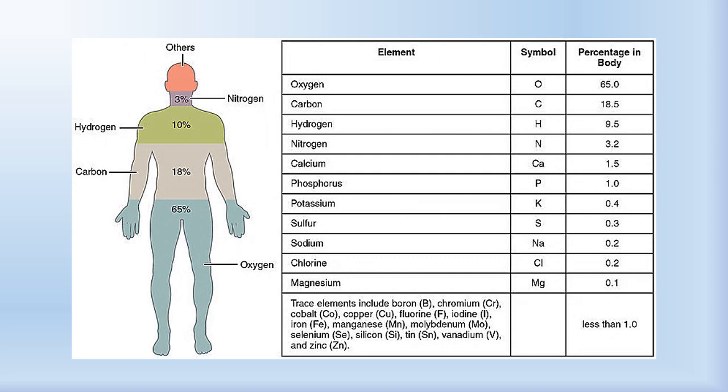So we have oxygen, carbon, and hydrogen. So remember, these elements are made of atoms, so they can be combined to form molecules. Thinking about the first one and the third one, hydrogen and oxygen can be combined to form, yes, water, H2O. 2 hydrogens, 1 oxygen makes water.